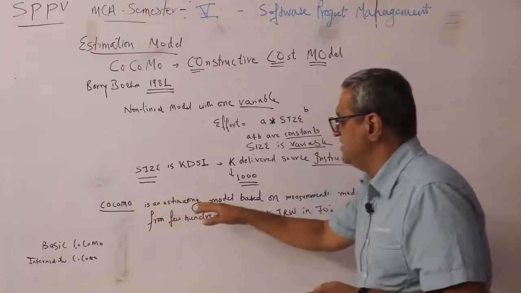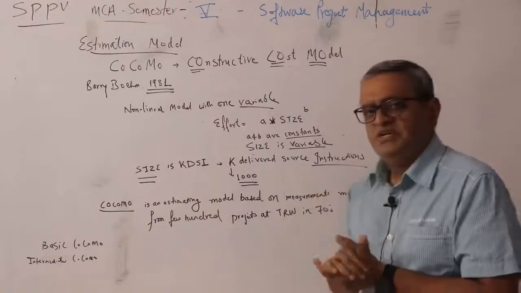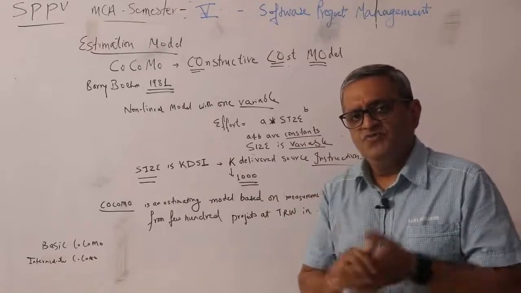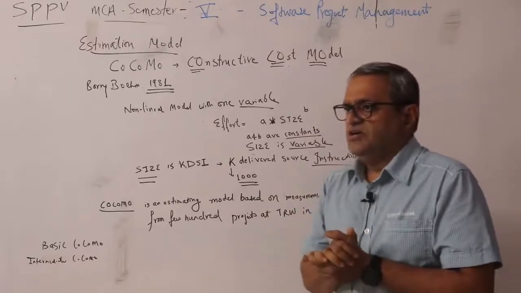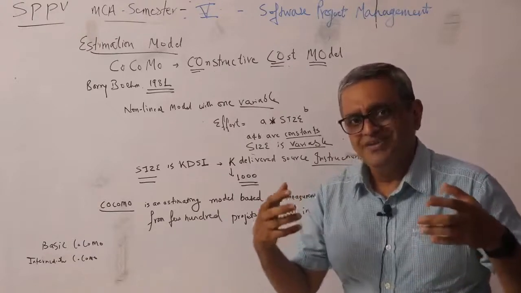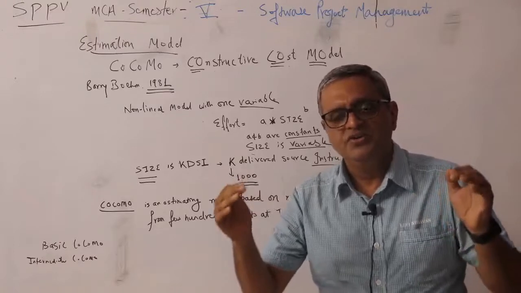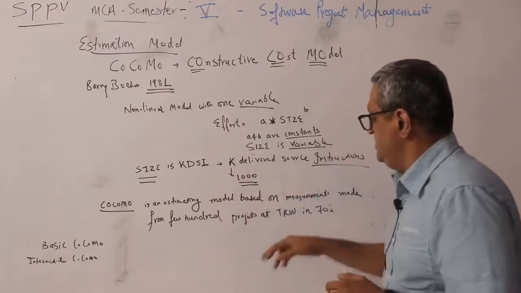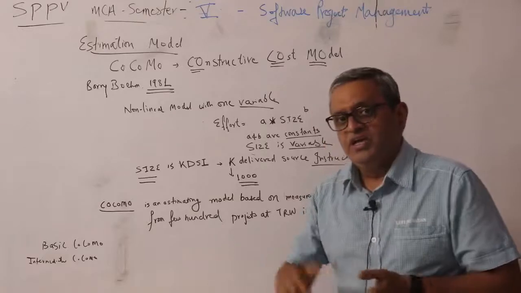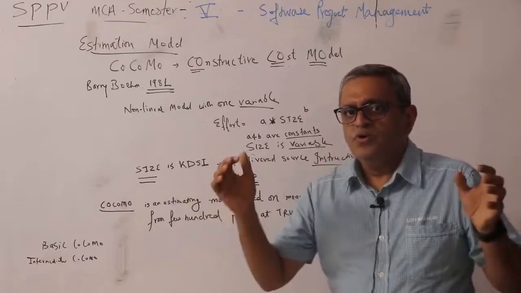Remember, COCOMO is an estimating model which is based on measurements made from a few hundred projects. Whatever experience people got from executing those projects in a company named TRW in the 70s, the COCOMO model was built on that.